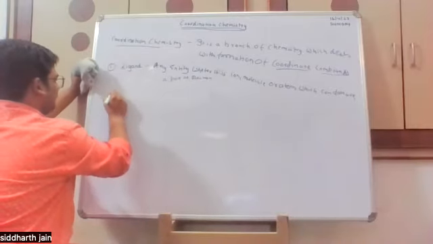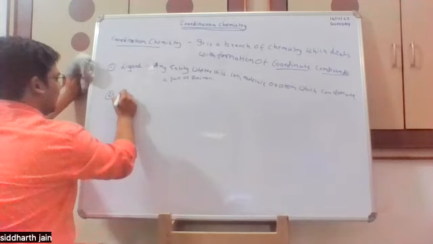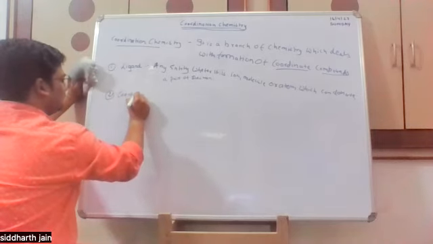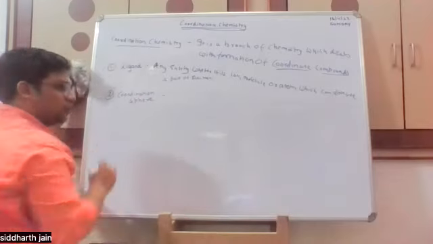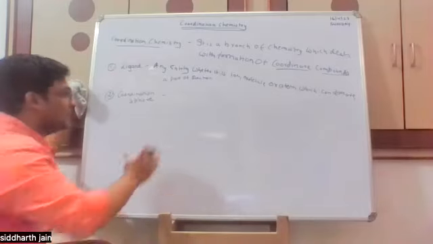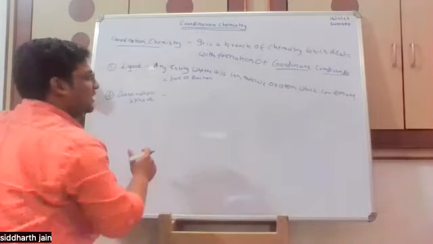Second thing, coordination sphere. The coordination sphere is defined as all the entities which are written within the square brackets.